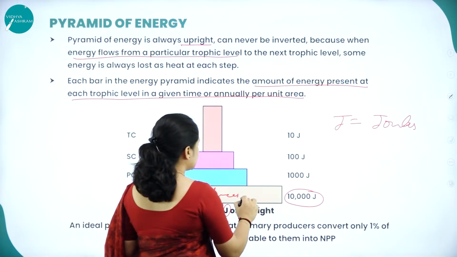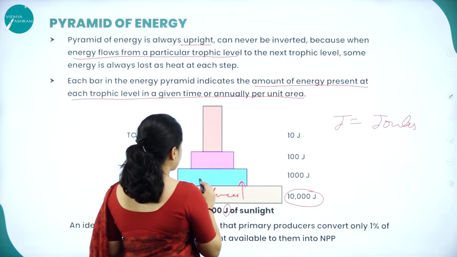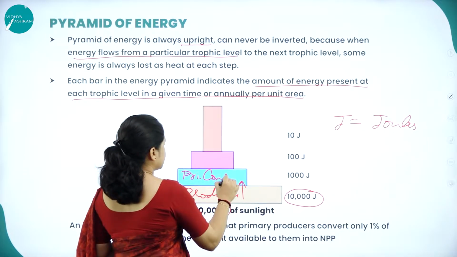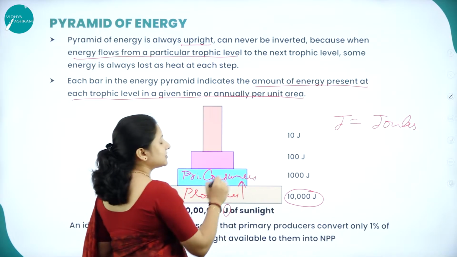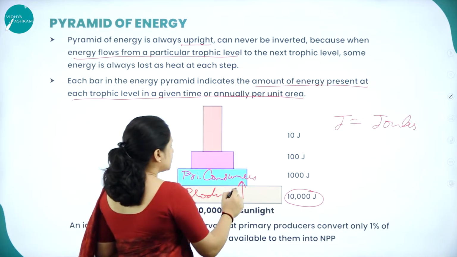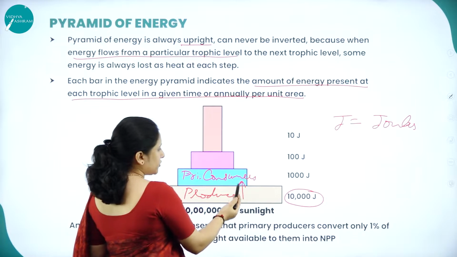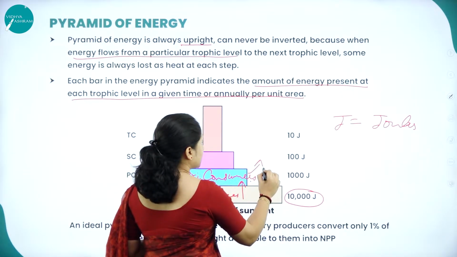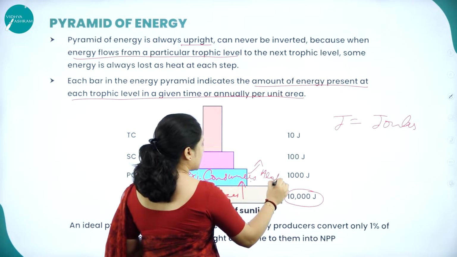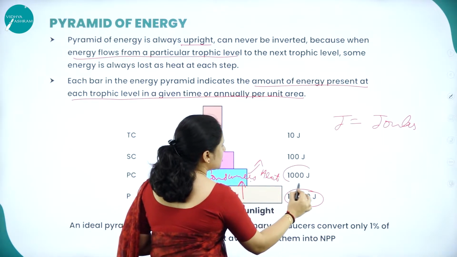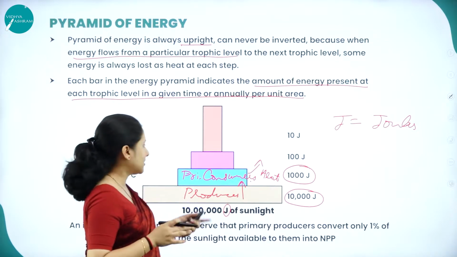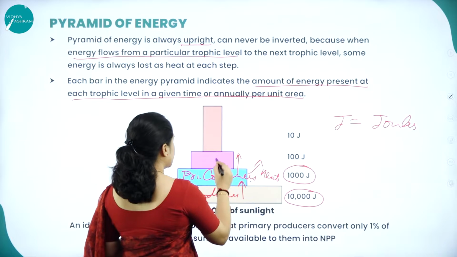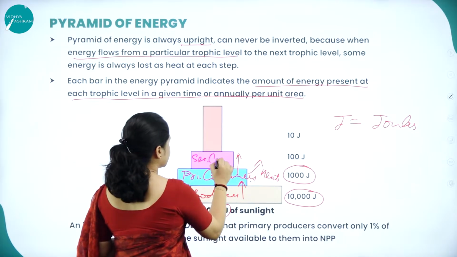Now, the producers will be eaten by the primary consumers, right? What are the primary consumers? The herbivorous animals. When the energy moves from the producers to the primary consumers, some of the energy is lost in the form of heat, and therefore only 1000 joules of energy remain in the primary consumer. Next, from the primary consumer it moves to the secondary consumer.